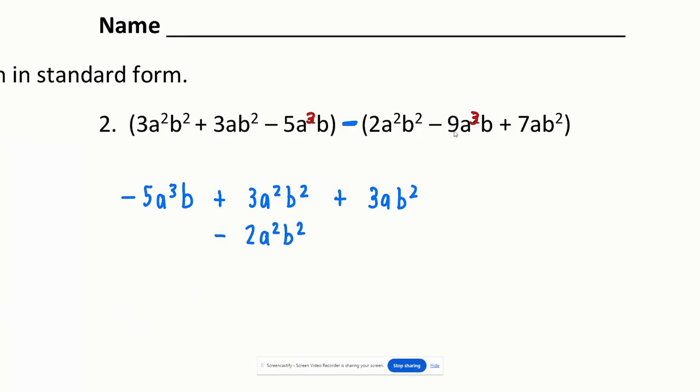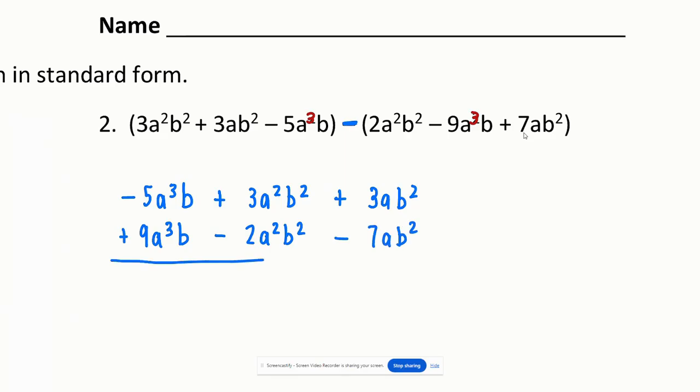What will happen to this negative 9a cubed b? It'll change to a positive. Where will it go? It'll go right underneath this 5a cubed b. And then what will happen to this positive 7ab squared? And how will it be when it drops down? It'll be a negative 7ab squared.